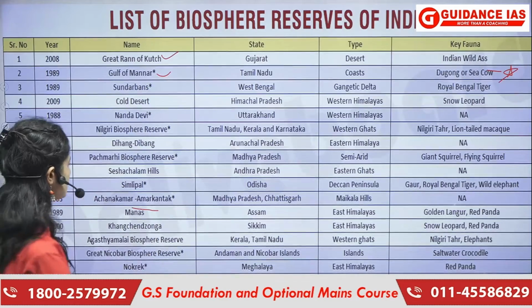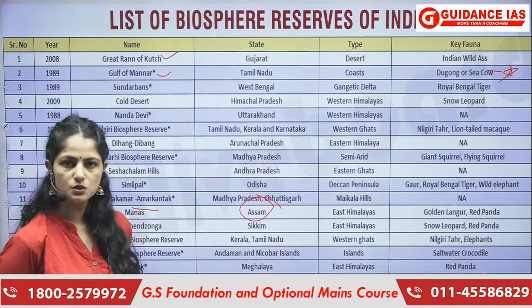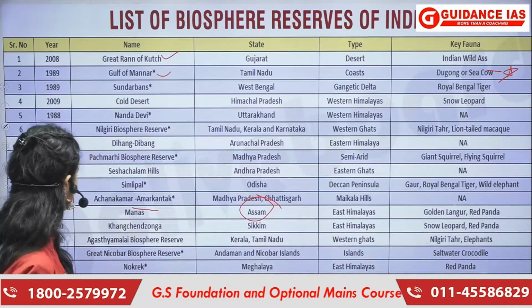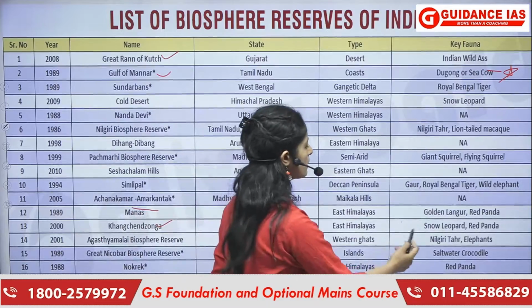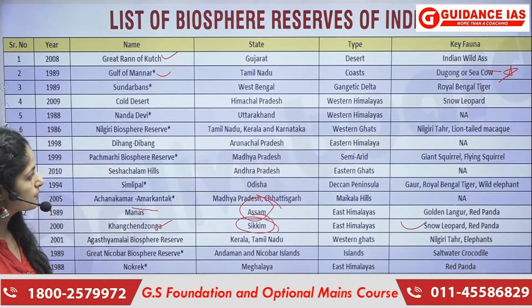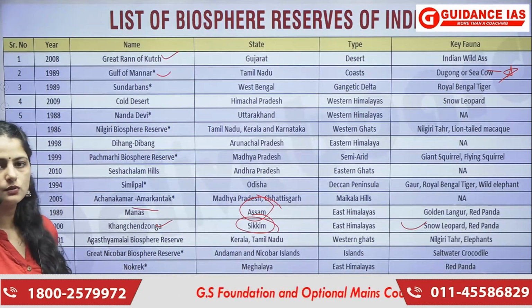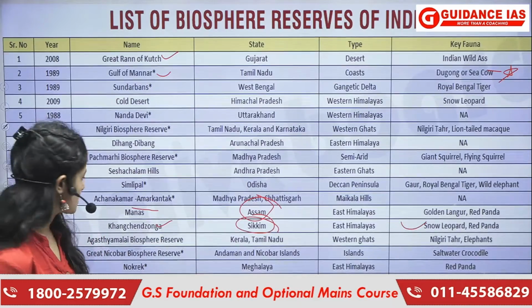If we talk about Manas, you will find it in Assam. Golden langurs and red panda are the important species you will find in this region. Then you have Kanchenjunga in Sikkim, and very obviously snow leopard you will find here, along with where else you'll find the snow leopard? In the Cold Desert, which is situated in Himachal Pradesh, right?